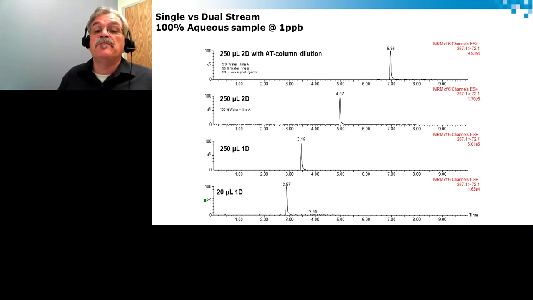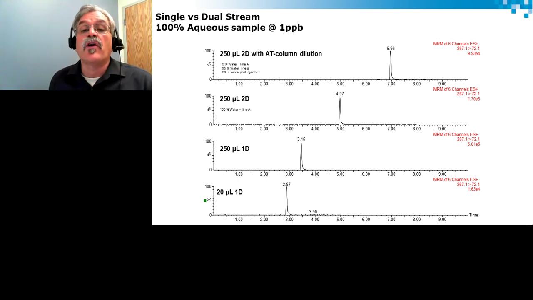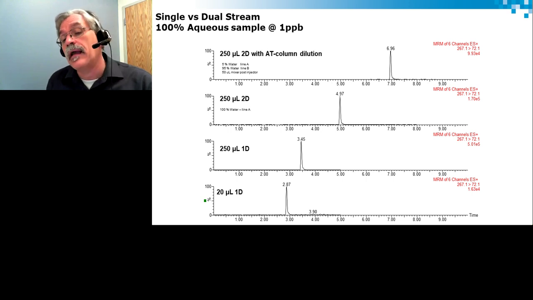So now, with this aspect, if we look at the chromatograms here, we have a scenario where I have 4 chromatograms. The bottom 2 are single dimension: the standard 20 microliters, and a 250. Sometimes by increasing the column's ID, I can have an efficient retention. That's not always the case.